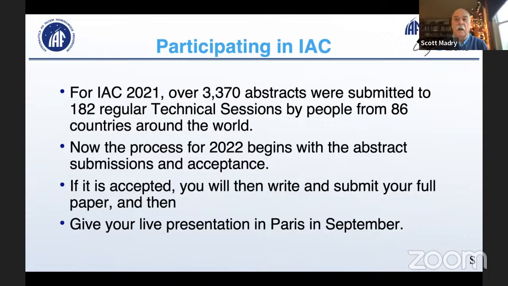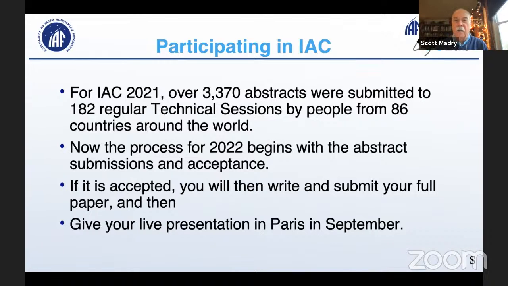So just a little bit of background, and we used Slido. So please do get on Slido, as Patrick just said, and submit any questions or comments that you have there. And we've used Slido in the past for last year's Congress to get some information about who are the people who are submitting papers, who is the community around the world, the space community who is involved in this. And so for last year's Congress in Dubai, over 3,300 abstracts were submitted.